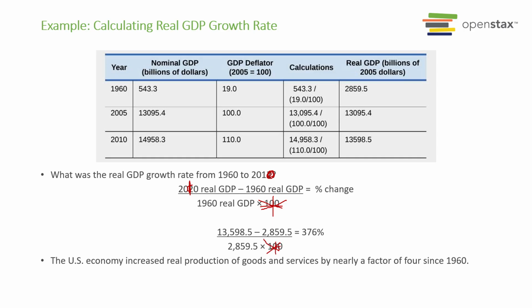All right. So here, if we plug the values in from our table, you can see that between 2010 and 1960, we went from 13,598.5. We're going to want to subtract 2,859.5 and then divide by 2,859.5.